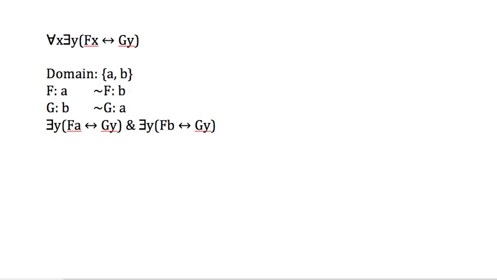So far then, that's what our quantified sentence says about this domain. If there were more members in the domain, if we also had C, we'd add an extra conjunct where we'd have a C here instead of a B or an A. For this sentence to be true, in other words, this has to be true and this has to be true. Let's look at those in turn.